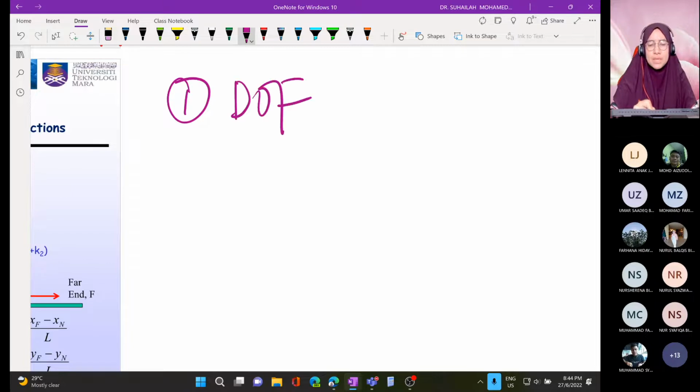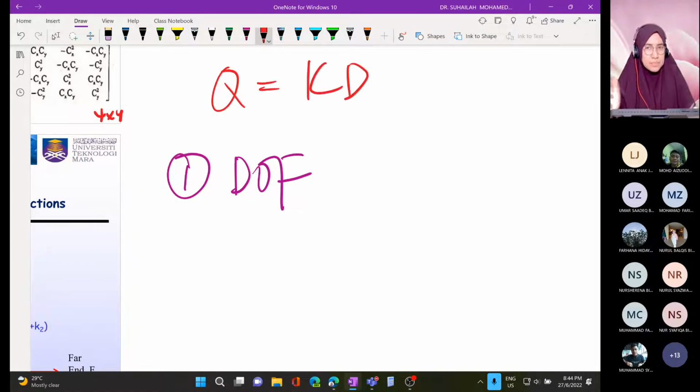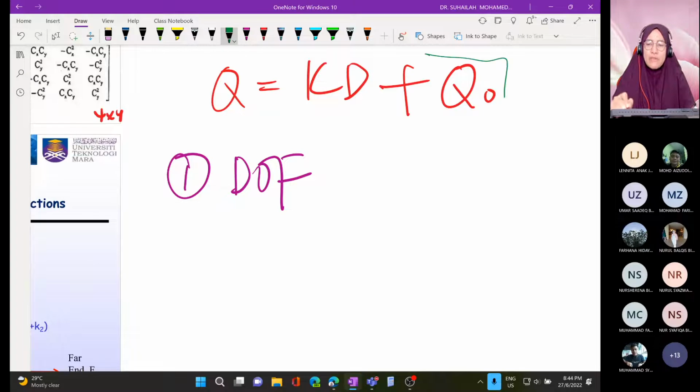Because the procedure, whether we want to analyze truss, beam, or frame, will be the same, because we will be using the equation Q is equal to KD. Originally there is Q naught, but Q naught refers to the effect. So when there is no effect, Q naught is equal to 0. That is why we solve using Q is equal to KD.